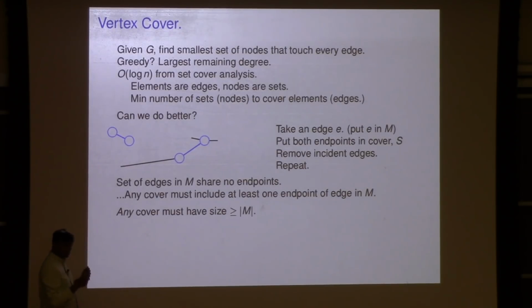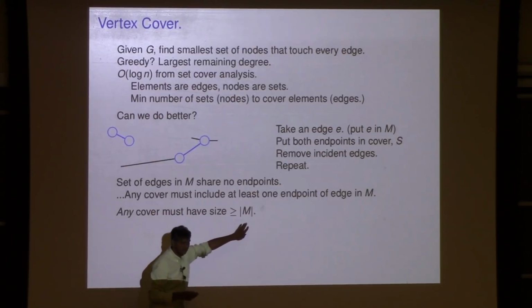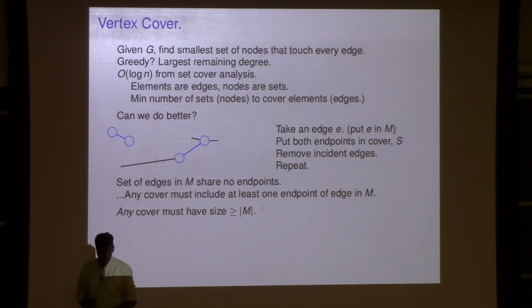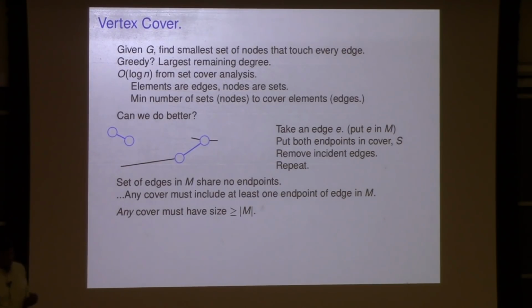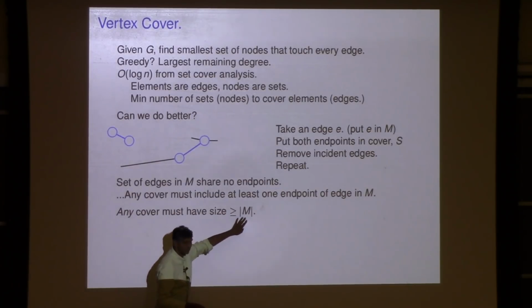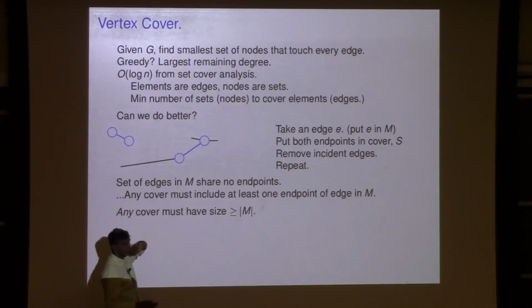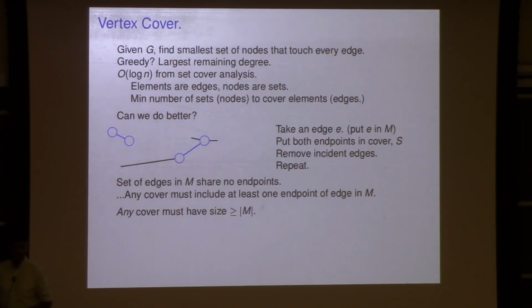At least one of these 2 endpoints has to be in any vertex cover. So any cover must have size at least the size of this matching. Stepping back a bit, any matching in this graph is a lower bound on the size of the vertex cover, just like the MST was a lower bound on the size of the TSP tour. So any cover must have size at least the size of M. And what is the size of my cover?